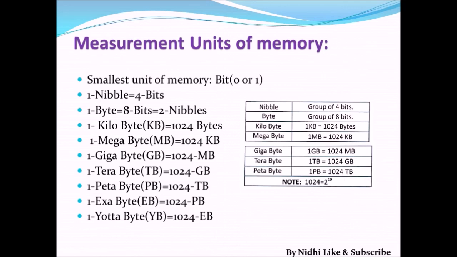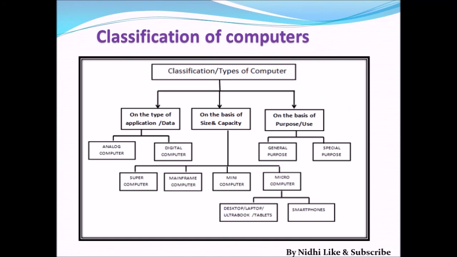Next topic is classification of computers. Here is the diagram of classification of computers. It is classified on the basis of 3 things. First, on the basis of application or data, it is categorized into three parts: analog computer, digital computer, and hybrid computer.